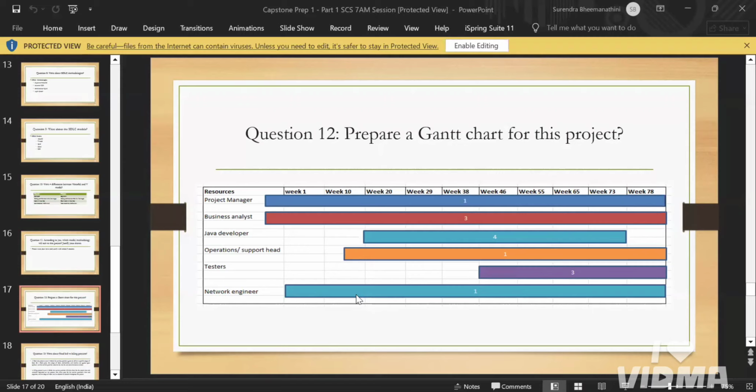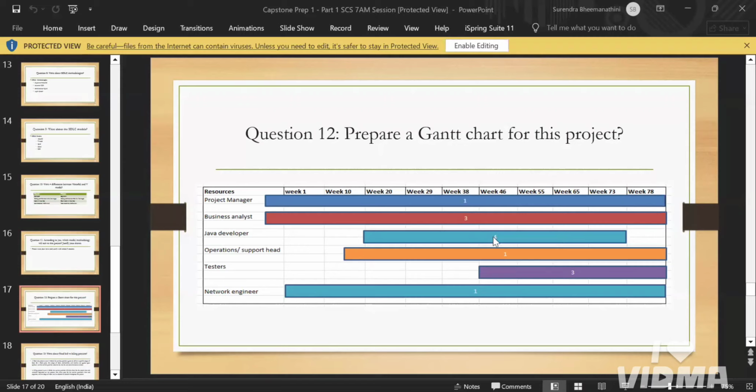Each resource, how much period of time will they be involved in this project. For example, the project manager and business analyst will be involved from the initial stage to the end stage of this project. And the Java developers, for example, will be involved in the 28th week. Here you can see, based on that you need to prepare this Gantt chart.